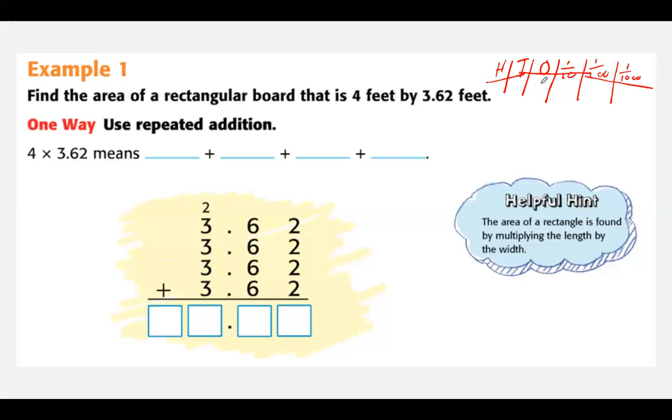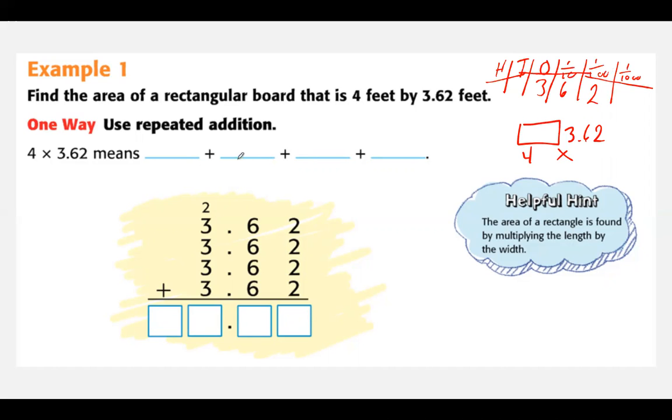Okay, so if you've got three ones and 62 hundredths, that's what we say, 3 and 62 hundredths feet. So we have a rectangle, and it's 4 by 3.62. So to get the area of a rectangle, we multiply the length by the width.